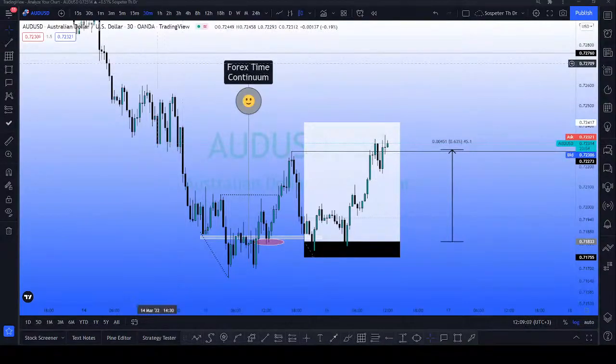This one was for yesterday. Yesterday I gave out this setup. As you can see from the daily time frame, the Australian dollar USD was on a very strong bearish trend.